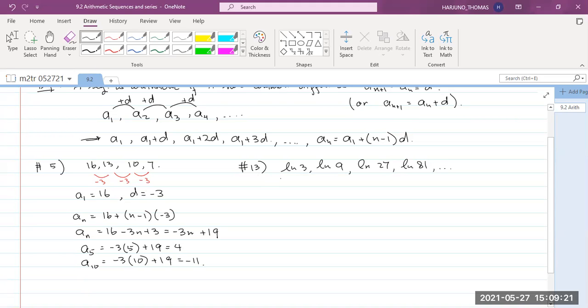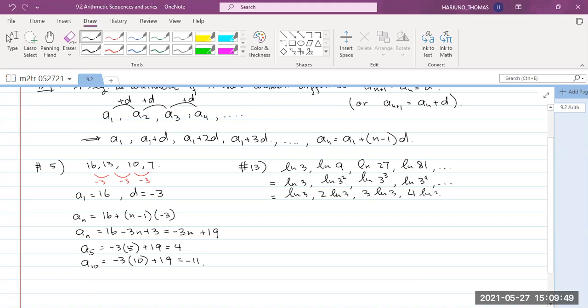If we simplify this a little bit, the sequence is natural log of 3, natural log of 3 squared, natural log of 3 cubed, natural log of 3 to the 4th, which simplifies to natural log of 3, 2 natural log of 3, 3 natural log of 3, 4 natural log of 3.